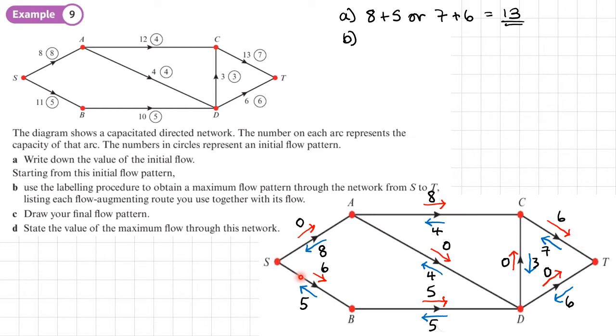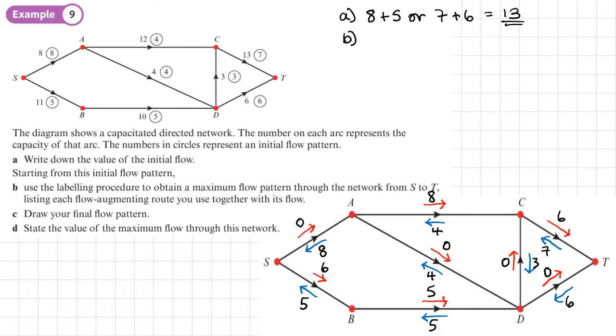So when I go along this arc backwards, D to A, then this one is going to be the one that I decrease by 4, and this is going to be the one that you increase by 4. So when you go backwards along an arc, the actual arrow in the direction you're going becomes like your forward arrow, and that becomes like my reverse arrow.